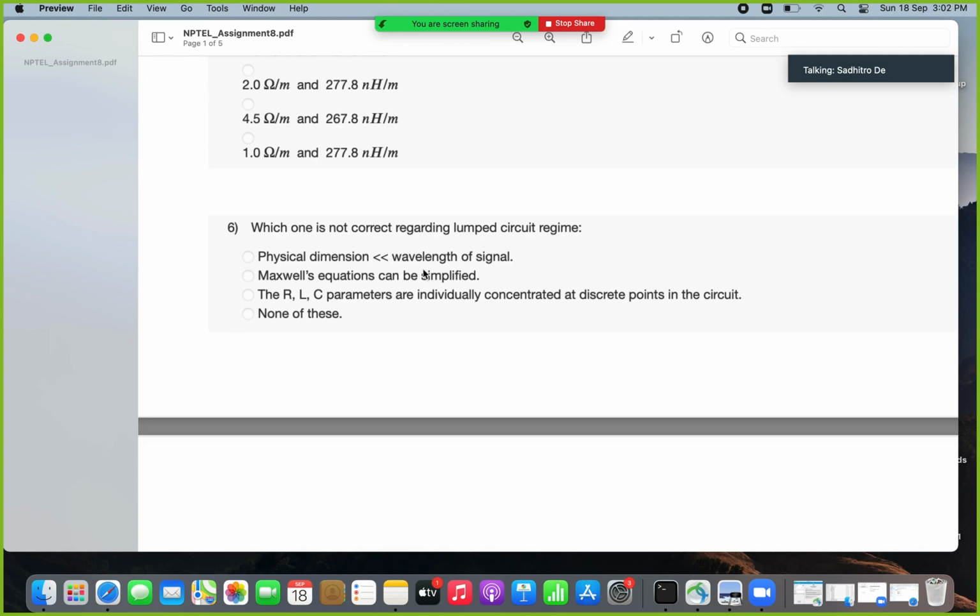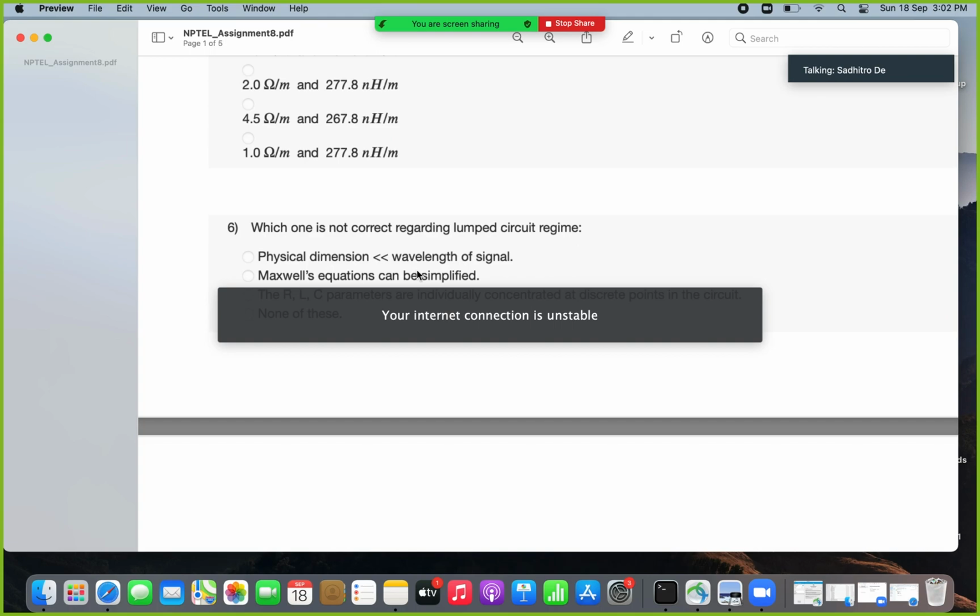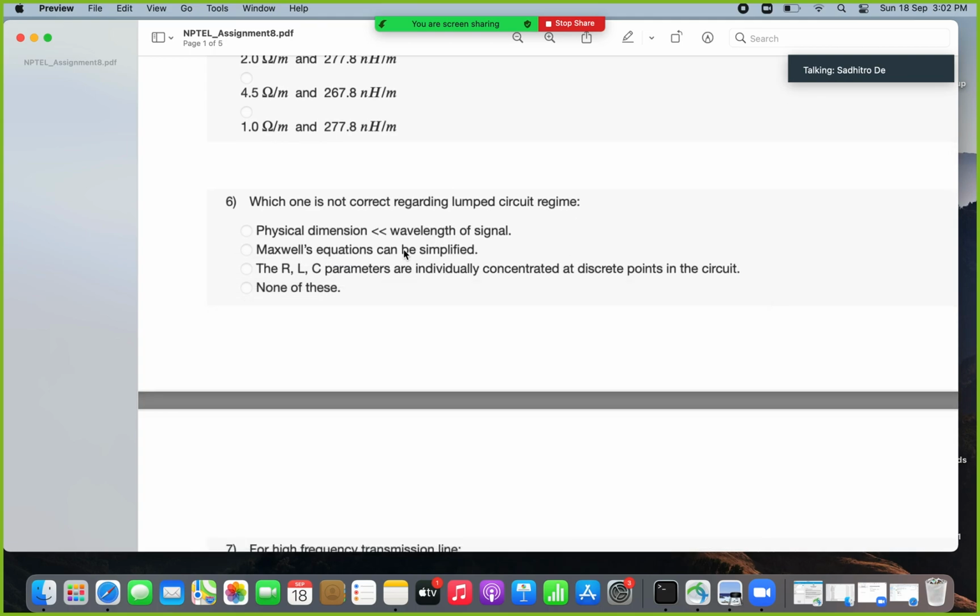So this is one thing we have to consider, that over the dimension of the lumped circuit which we are analyzing, the wavelength of the signal does not change appreciably. So that is why the first statement is correct, that in a lumped circuit the physical dimension we consider is less than the wavelength of the signal.